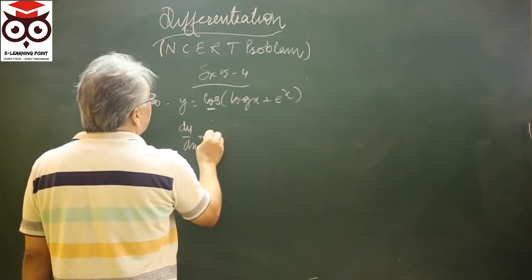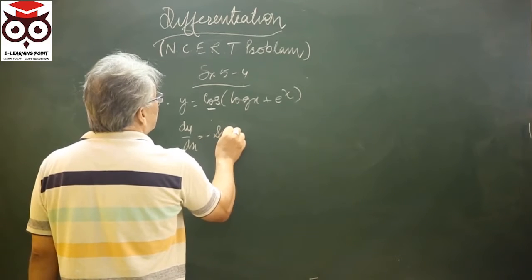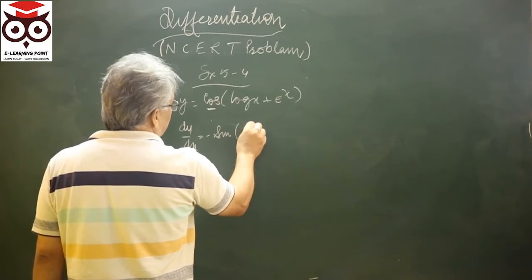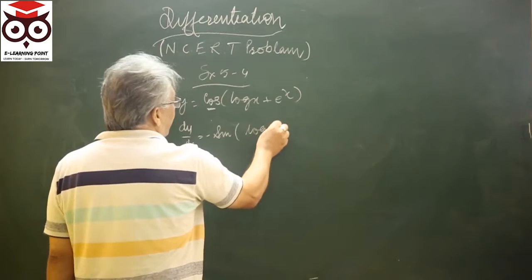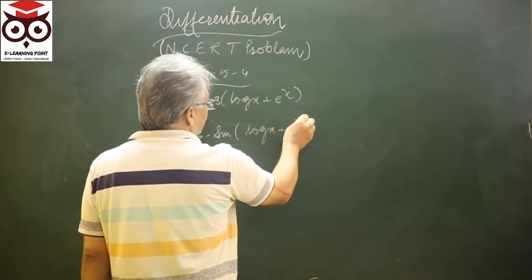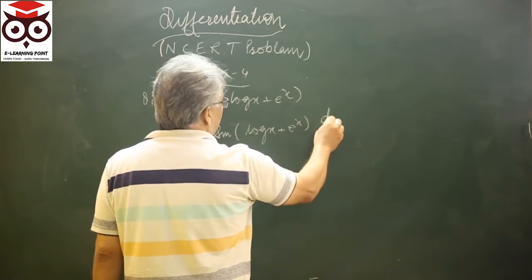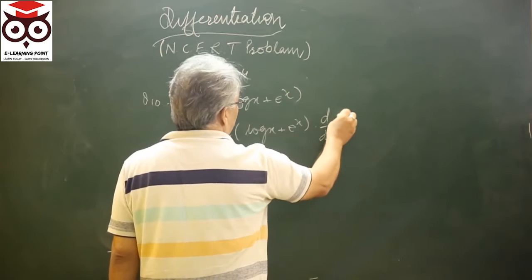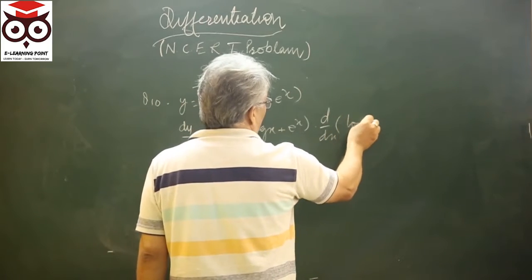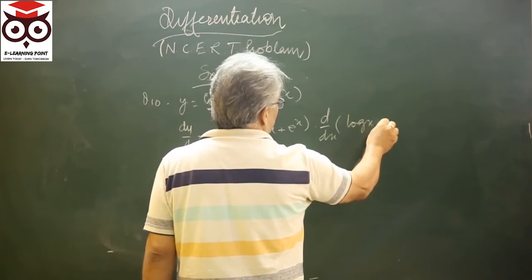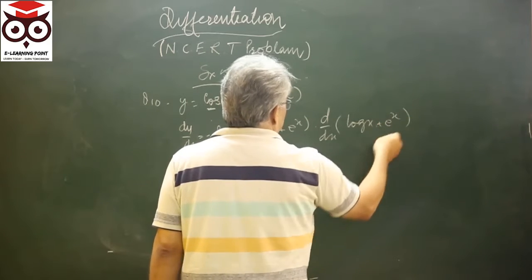What is the differentiation of this? It is minus sine, and this is log x plus e to the power x. Now I will differentiate log x plus e^x.